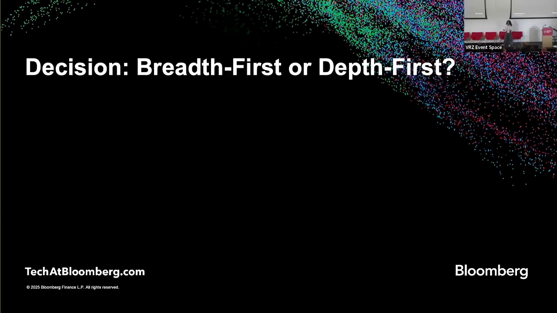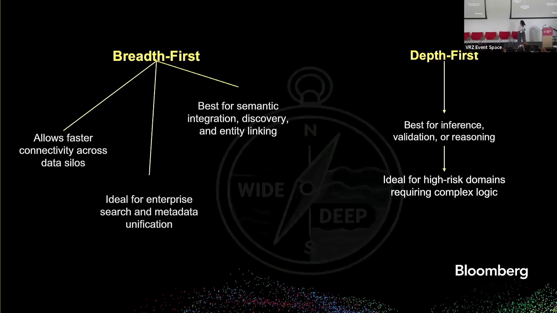All right. This is a little bit of a continuation of that, which is breadth first or depth first. And I think it's kind of simple. It's about the use case. If you want to connect across multiple silos, go breadth first, and then start going down. But if you're dealing with a very specific, complex or sensitive domain, then spend more time going deep.